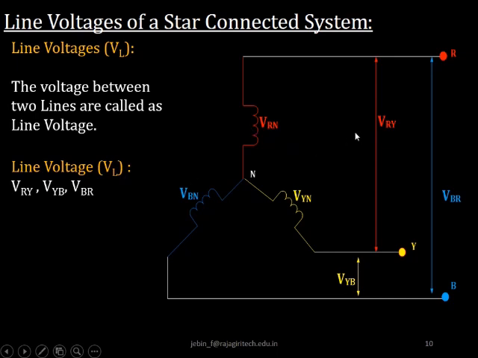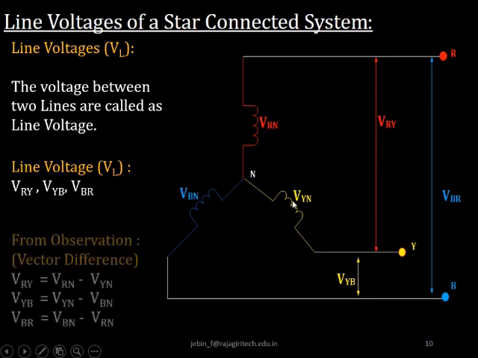Now there is one more additional information. So VRY is a voltage between R and Y phase. So I can relate VRY in terms of phase voltages VRN and VYN. I can say that my VRY is a vectorial difference of VRN and VYN.